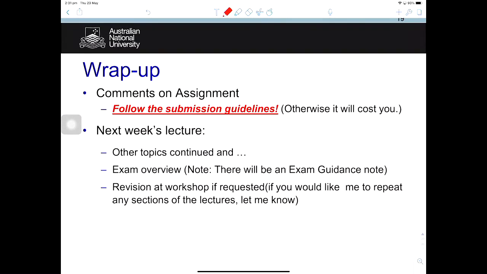Okay, so that's it for today's lecture. Next week, we're going to continue our discussion of other topics to round up our understanding of the whole package of asset allocation.